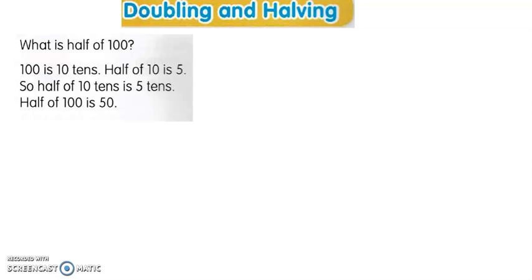The half of these 10 tens will be 5 tens, right? 5 tens means 50. This is the half of 100. Actually, we can do it by dividing 100 by 2 equals 50. So 50 and 50 is 100. So the double of 50 is 100. The half of 100 is 50.